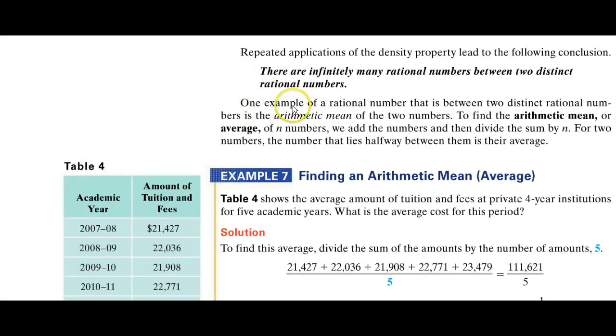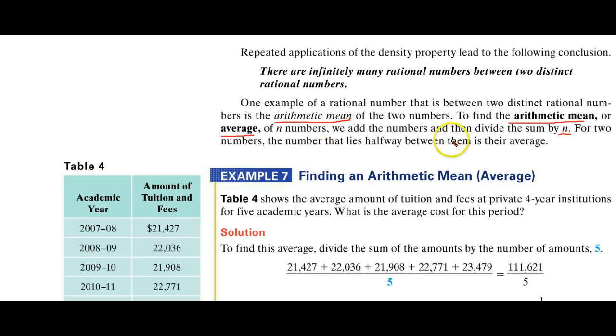And I'll read this. One example of a rational number that is between two distinct rational numbers is the arithmetic mean. That's often referred to as the average. To find the arithmetic mean, or the average of n numbers, we add the numbers and then divide the sum by n.